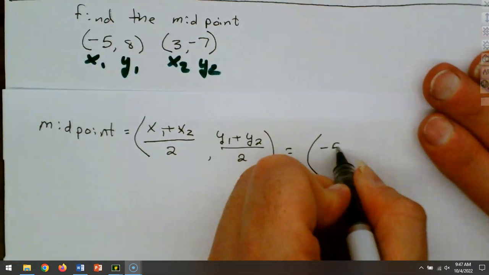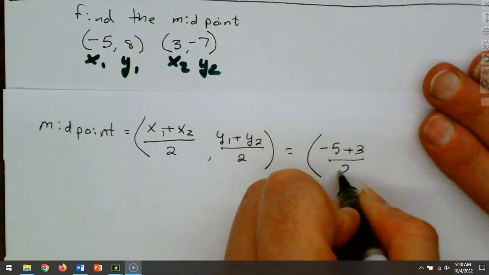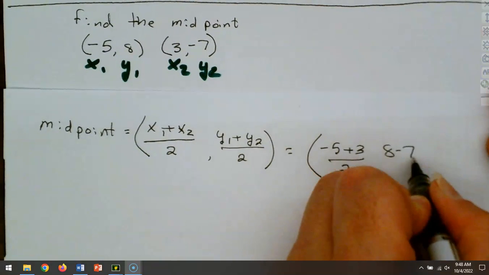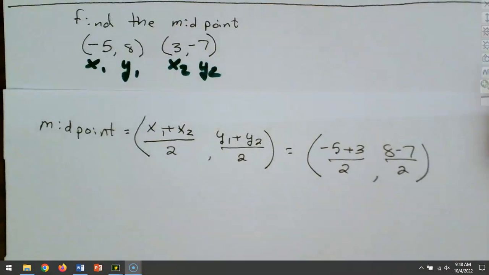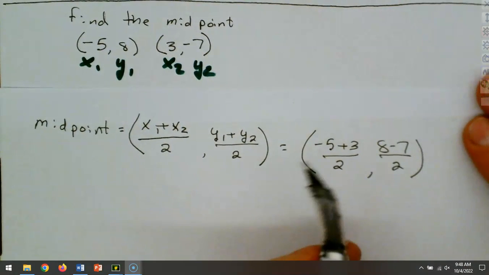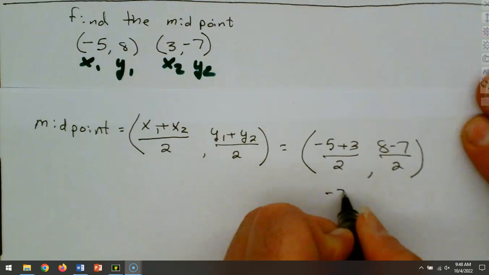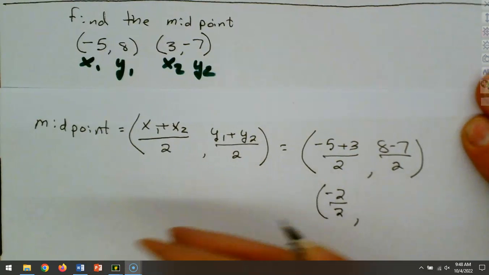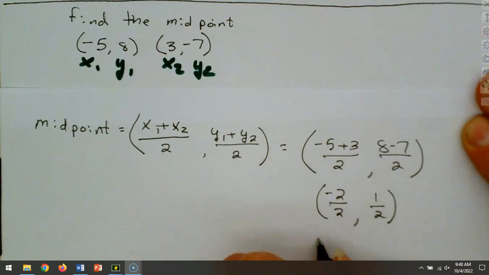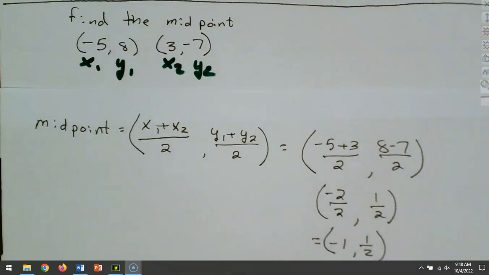And that's -5 plus 3 over 2, and 8 minus 7 over 2. -5 plus 3, that's a -2 over 2, and 8 minus 7, that's a 1 over 2. And that then condenses down to -1, comma 1/2. And that would be your midpoint.